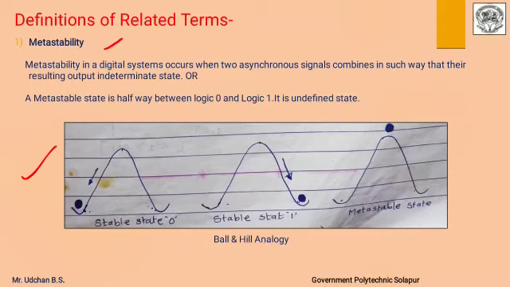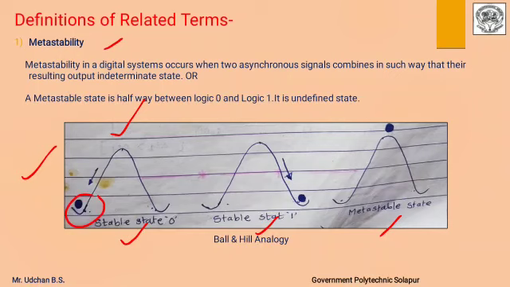One example is given over here, a ball and hill analogy, in which 3 states are shown: stable state 0, stable state 1 and a metastable state. In this diagram, if we drop a ball from overhead of the hill, here there is a ball.